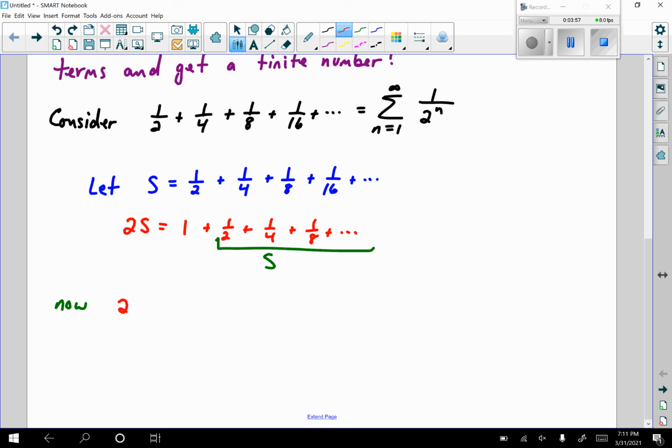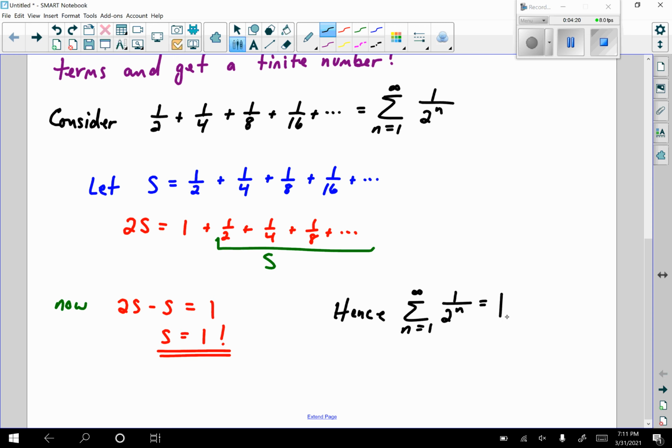Now 2S minus S is just going to leave us with a 1 over here on the right side. And when we combine like terms, we just get S is equal to 1. And so we were able to do that. So we would say hence the sum as n goes from 1 to infinity of 1 over 2 to the n is going to give us 1. Pretty neat.